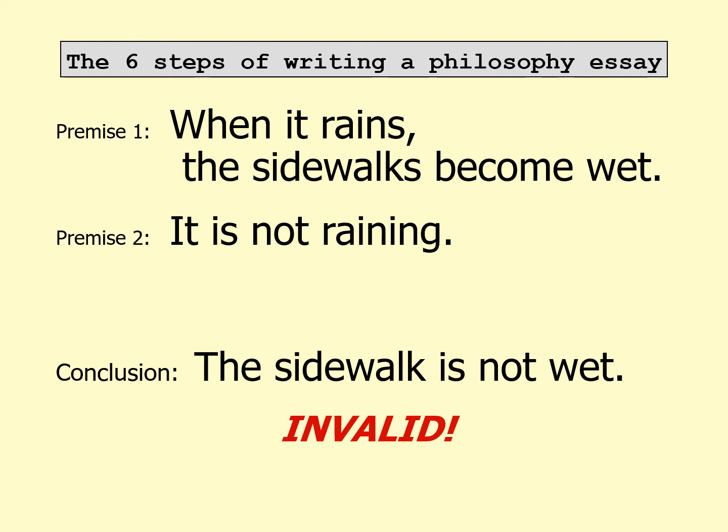The conclusion that the sidewalk is not wet could be false. In other words, the sidewalk could be wet even if it's not raining. Perhaps the road sweeper went by and wet the sidewalk. Perhaps someone just washed their car. Perhaps it's snowing instead of raining, and the snow is immediately melting.